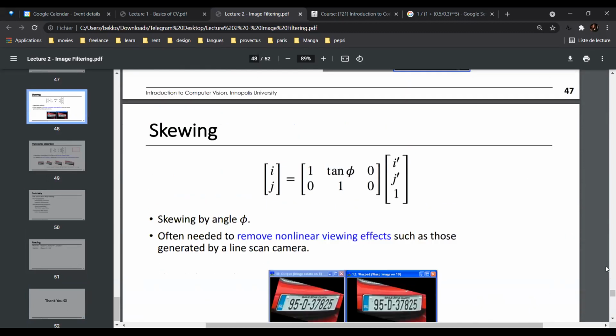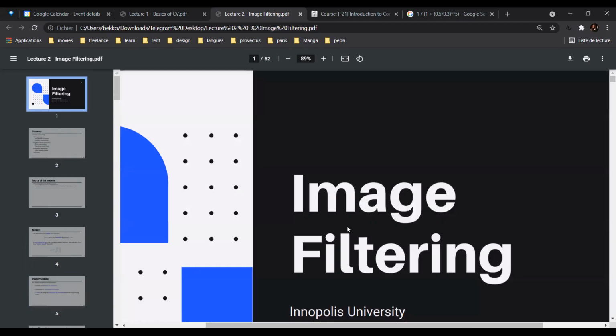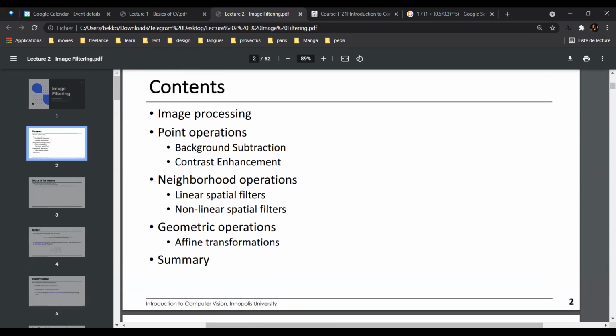You will see that all of these operations that we have seen in today's lecture, which are point operations such as background subtraction, contrast enhancement by finding the M, and depending on the E, we will have a different kind of contrast enhancement. We have seen neighborhood operations such as linear spatial filters, either Gaussian or average.